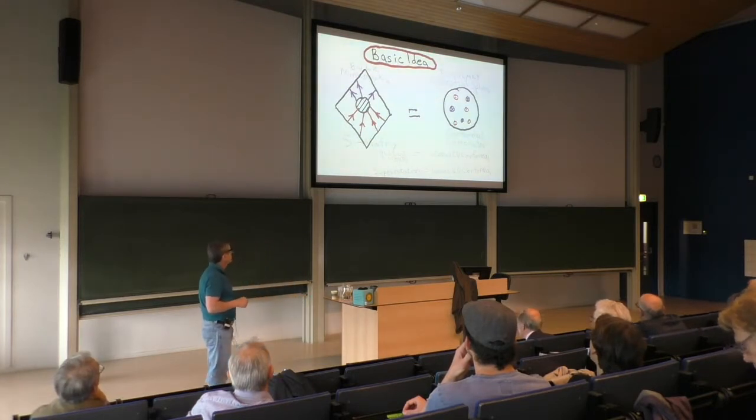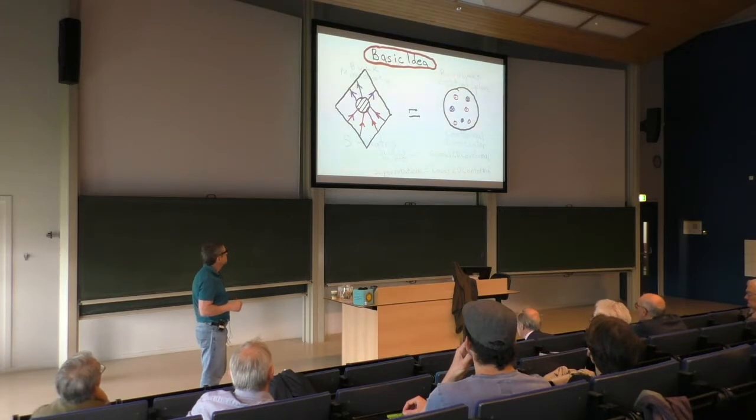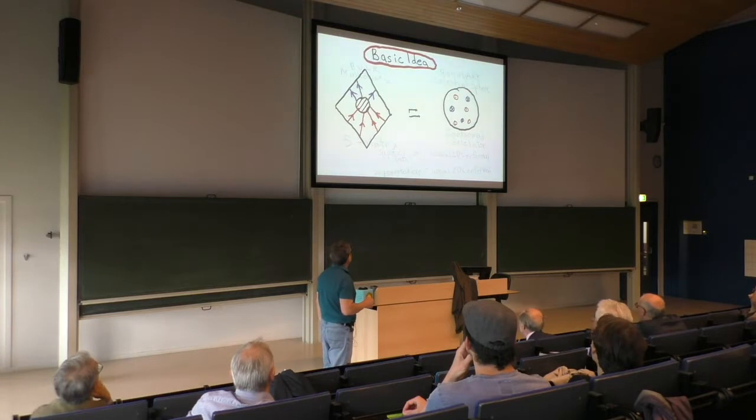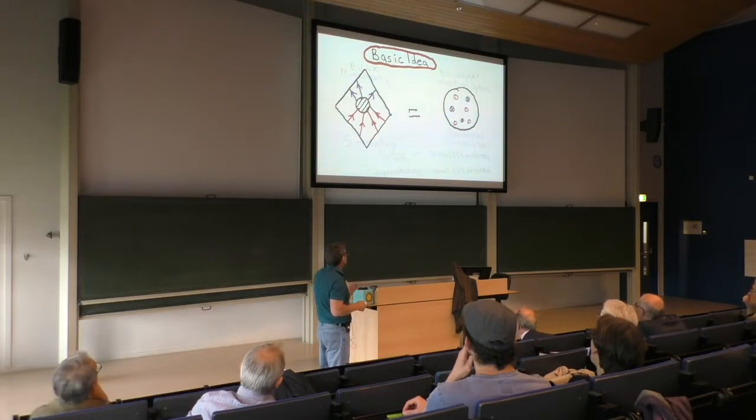And really the starting point for this, something that was noticed already by Dirac, is that you can think of this, now this is a tautology that you can do things this way.